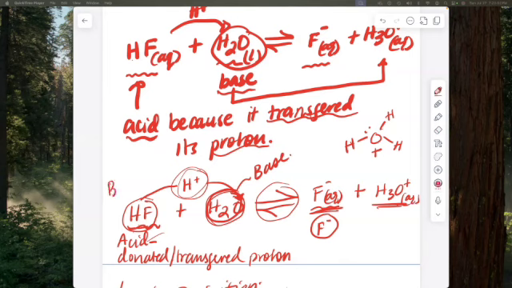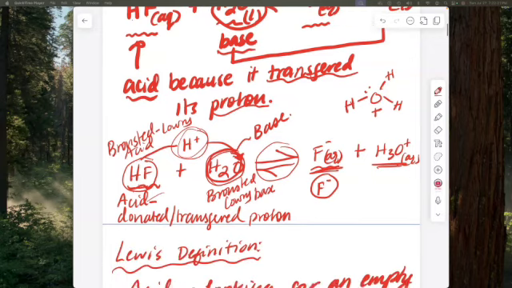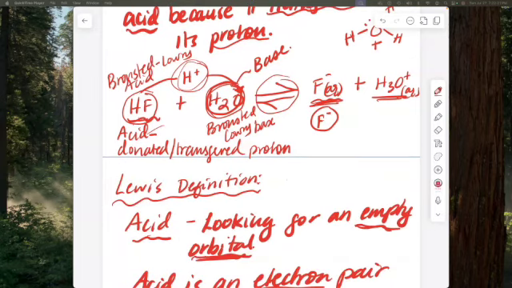This will be the Bronsted-Lowry acid based on its actions, right? And then this will be the Bronsted-Lowry base, okay? And these for now are the products. We'll see later on that these products have a specific name.